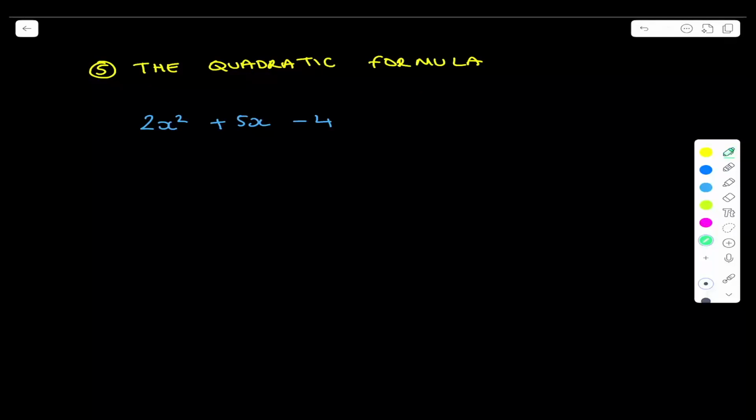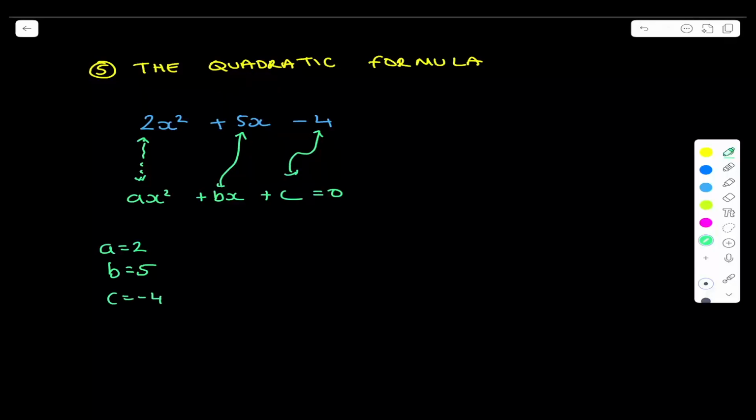So remember, any quadratic can be written in the form of ax squared plus bx plus c equals 0, which is what's happened in this case. So we could see straight away a is 2, b is 5, and c is -4.